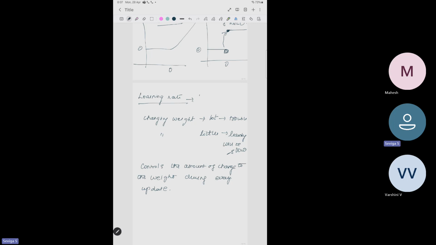It is a hyperparameter, meaning a value which we set. It is given by the letter eta.